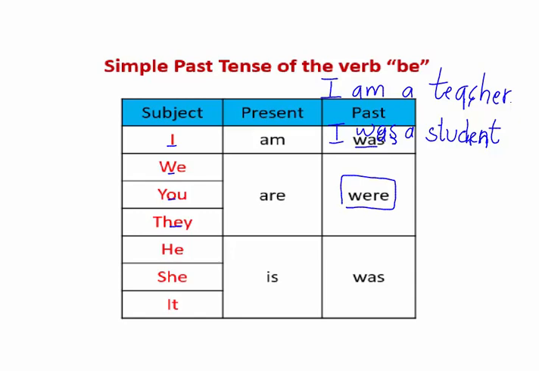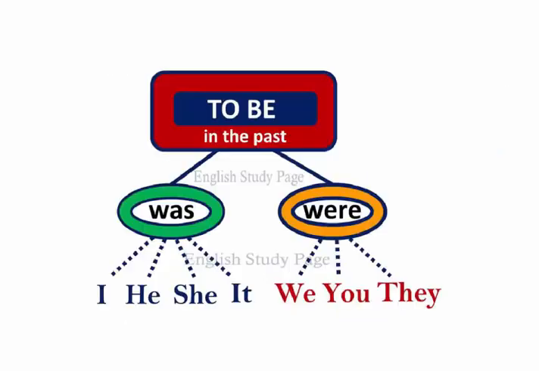Likewise, he, she, it was. So I, he, she, it are followed by was. At the same time, we, you, they are followed by were, right?